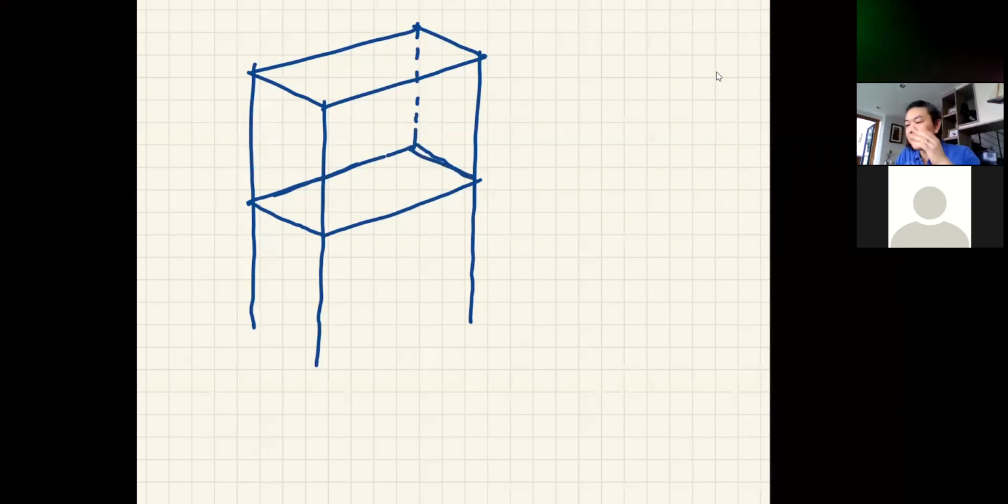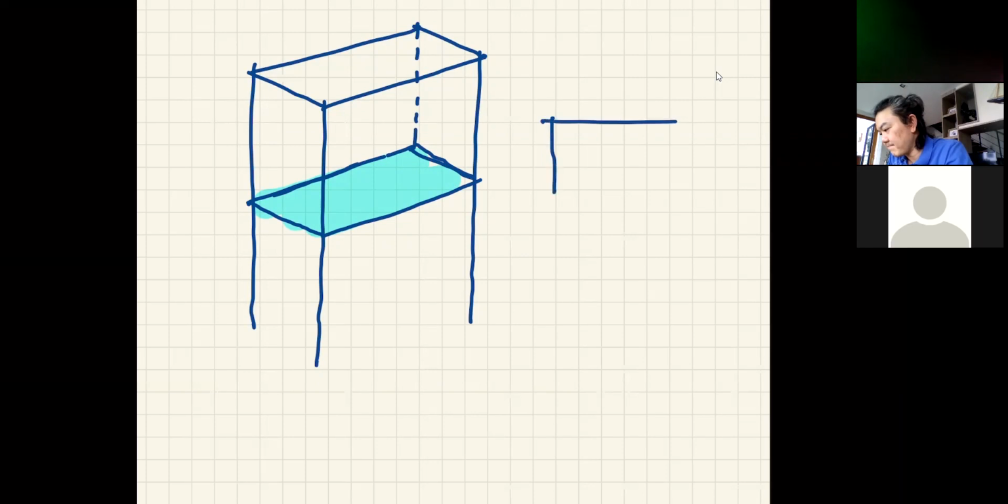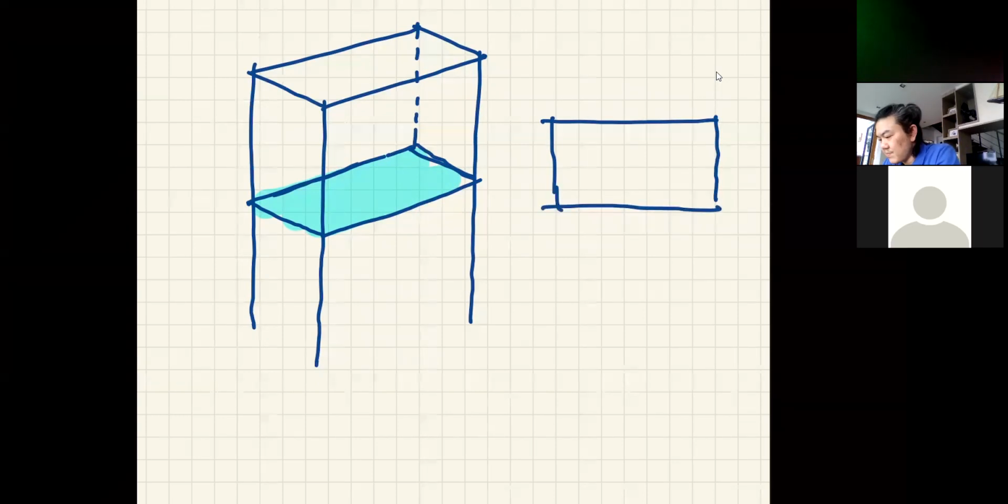Okay, so let's say if I look at this floor, the top view is going to give you the floor plan, correct? And say in this floor plan, you may have a series of beams.